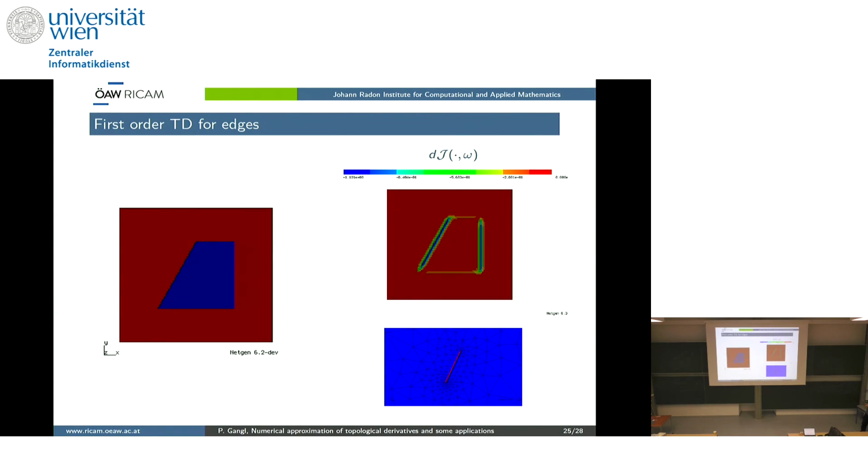Then our algorithm consists in the following. So this is a very simple image, of course, but the algorithm then basically just consists in computing the topological derivative with respect to all of these inclusion shapes that we saw and asking which one of them is giving the most negative value. And the answer in this case was, okay, this inclusion shape gives the most negative value, and this is the image of the topological derivative on this image.